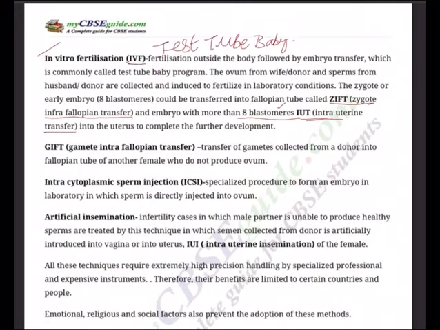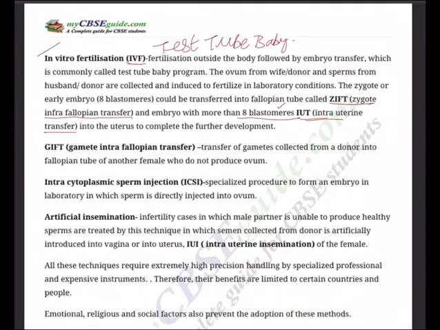A developing embryo can be inserted in the uterus of another female. So it is not necessary that the same biological mother should bear this. Nowadays we have lady volunteers who can carry this. They are called surrogate mothers.